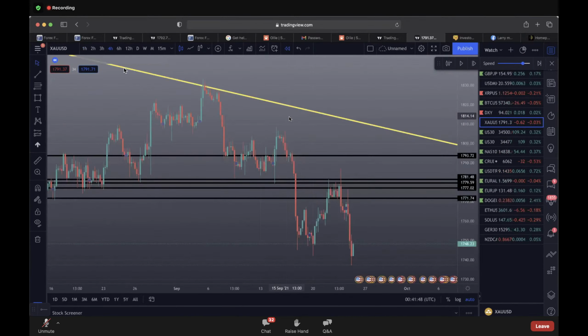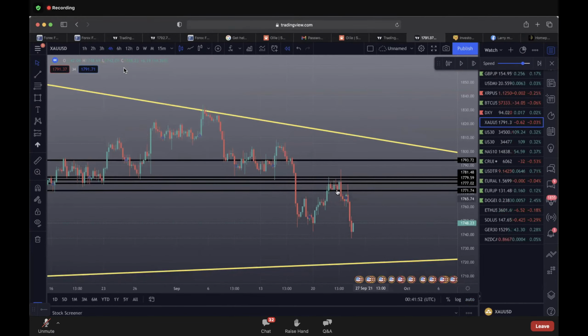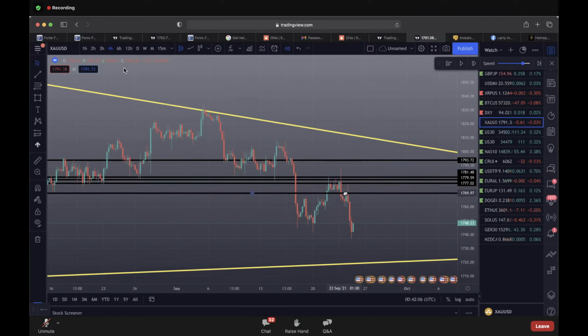You go on the 4 hour, right here. This would have been a lot better 17 to take because this is 13, 17. You could take it at the break of this structure because you have to think the price is still at resistance. And yeah, you would probably be, 58 pips, but you want to take it at the break of resistance. Let's say like right here.